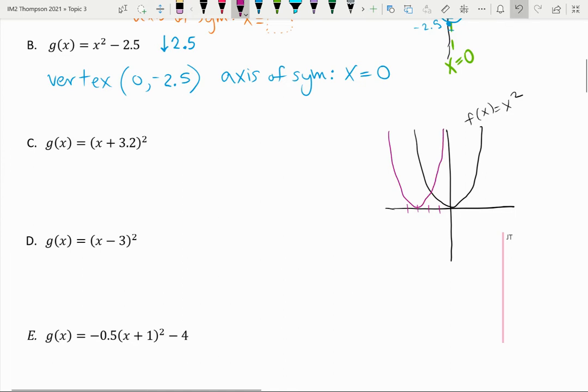Looks kind of like it's more like 3. So this one actually moved left 3.2.